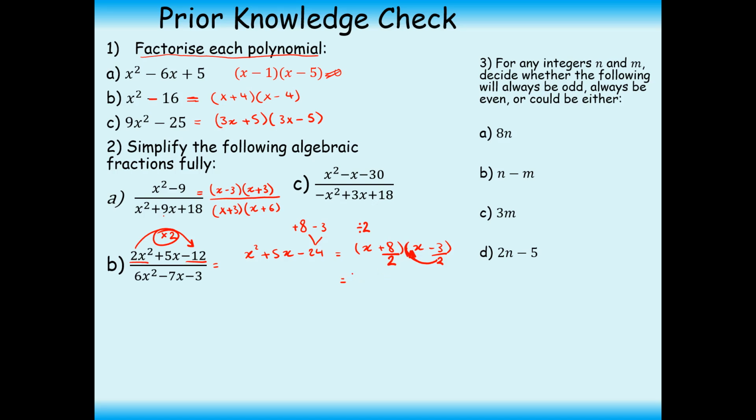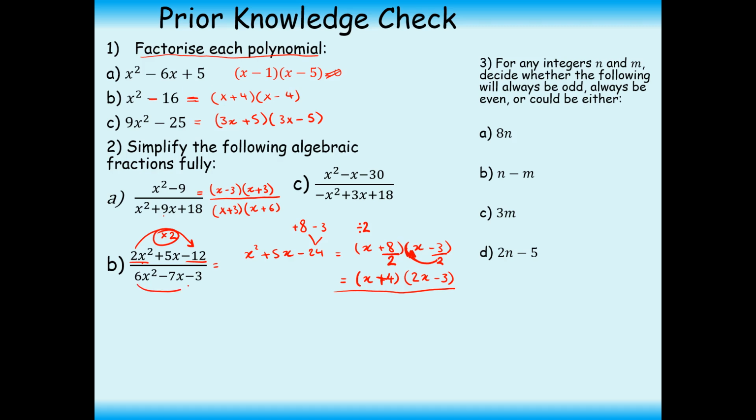So my final answer will be x plus 4 inside the first bracket and 2x minus 3 inside the other bracket. So that leaves no chance for me to make any errors. I guarantee when you multiply these two brackets, you will end up with the original question. So this will be our numerator.